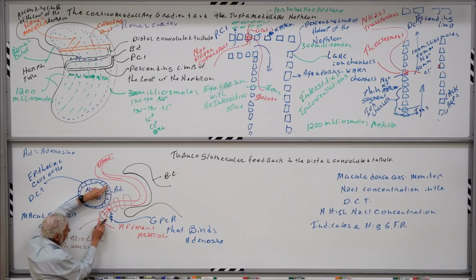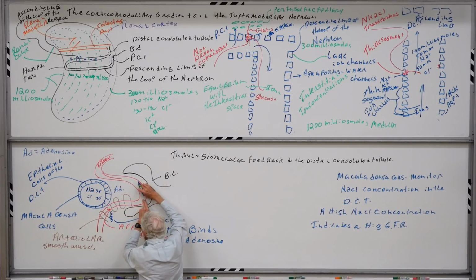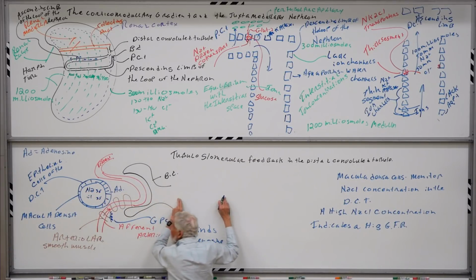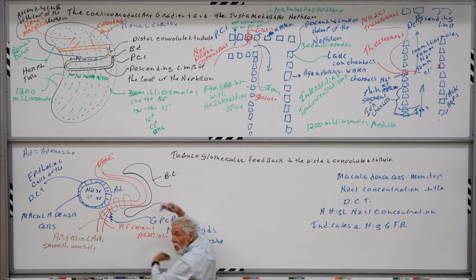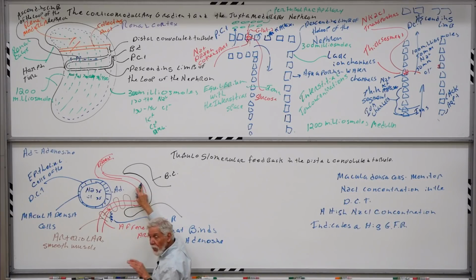As we release less, the lack of binding to this GPCR causes the smooth muscle to relax, and renews the fluid flow through the glomerular capillary and renews GFR. So this is a constant yin and yang, this constant feedback based on the release of adenosine onto the smooth muscle, regulating the blood movement through the glomerular capillary. That's tubuloglomerular feedback.